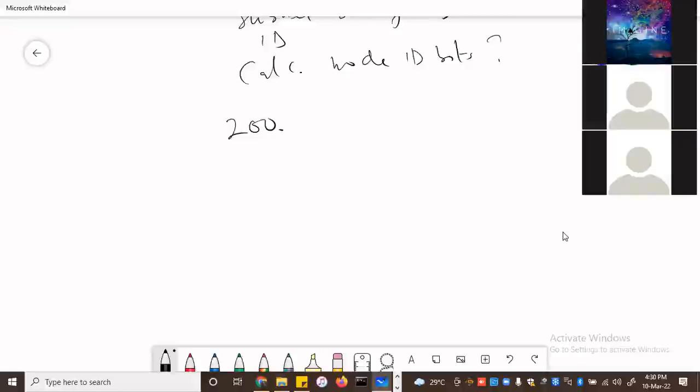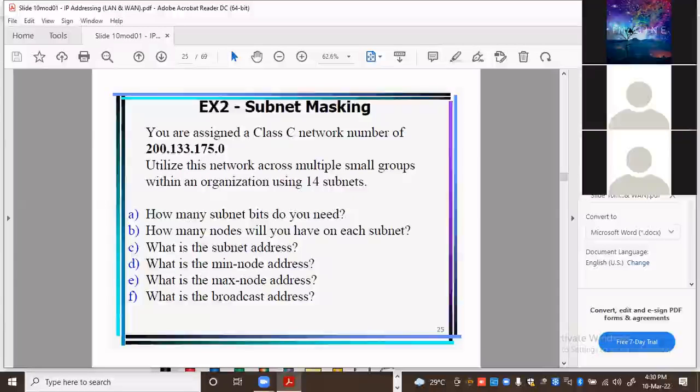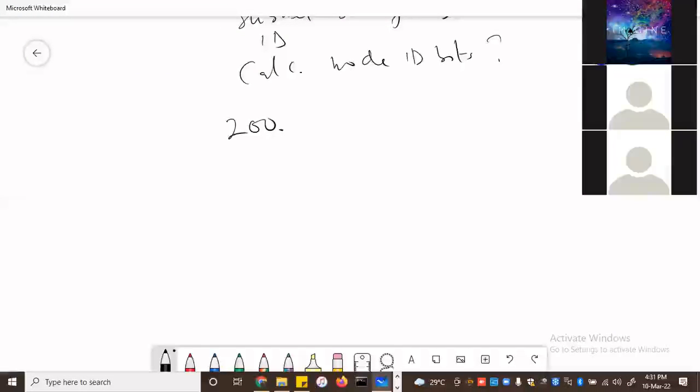So we had 200.133.175.0. Let me go back to the PDF again and see what I have. Out of this, based on the scenario we have, we're supposed to have a default subnet mask of 255.255.255.0 because it's Class C. But we took 4 bits out of this 8.